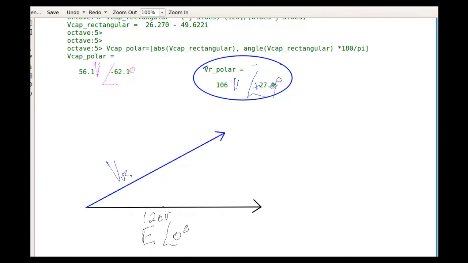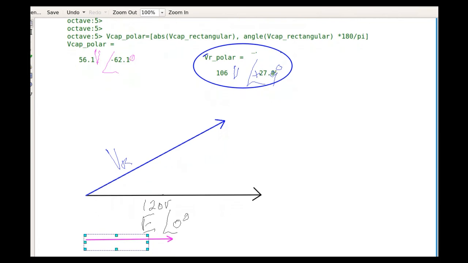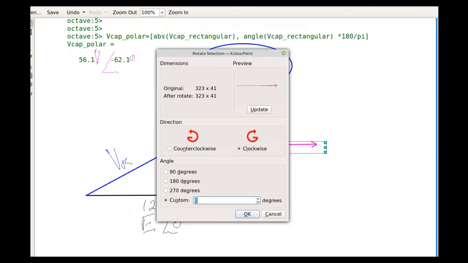But when I do this one, 56 is about half. Okay, and then I just put my little arrowheads there. When I select the rotate, you see it was selected clockwise.